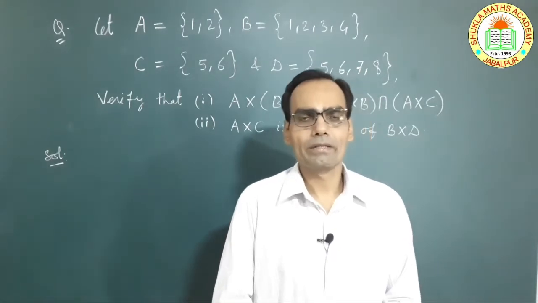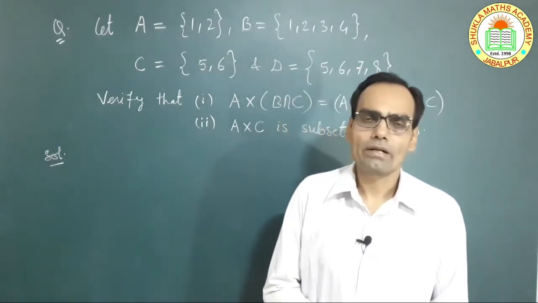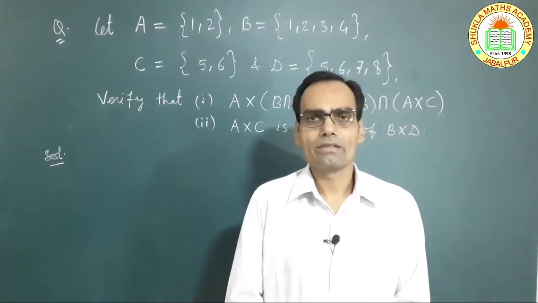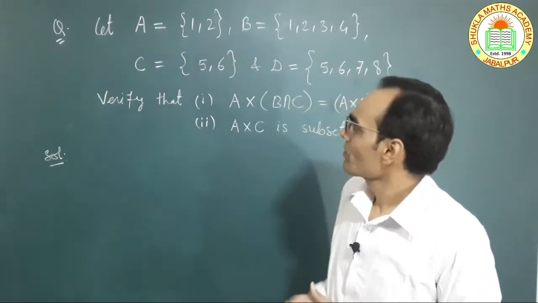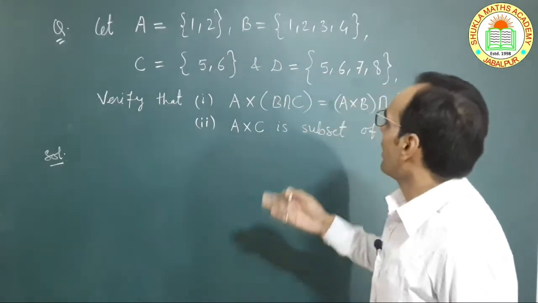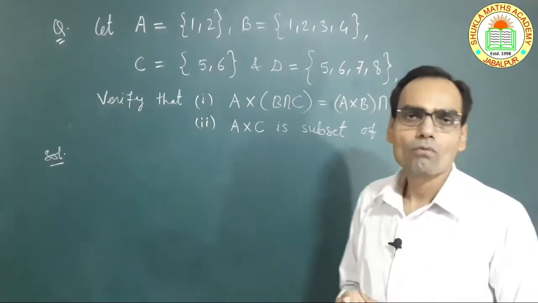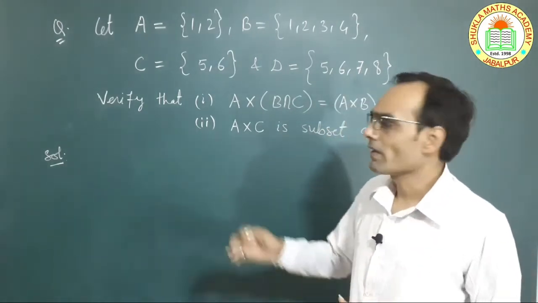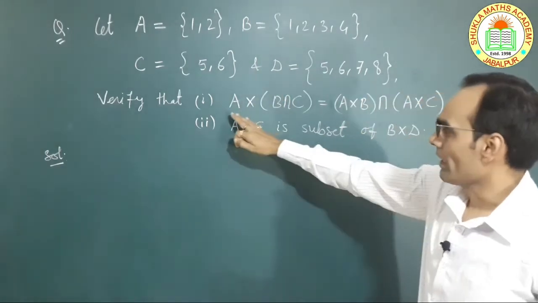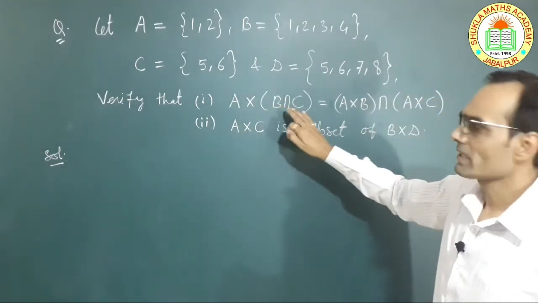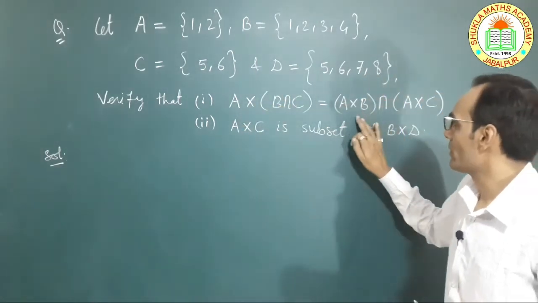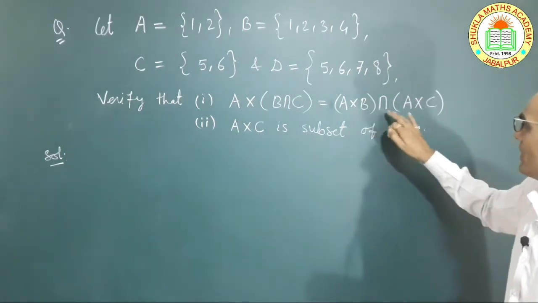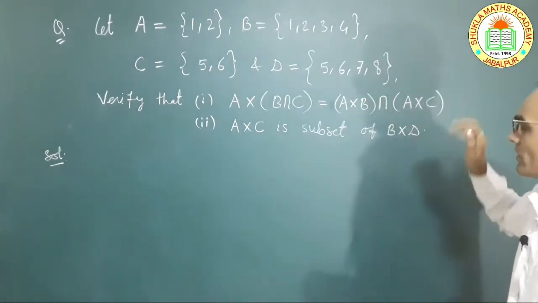Now, dear student, I am taking one more question based on the Cartesian product of sets. The question is that we have given A, B, C and D 4 non-empty sets, and we have to verify in this problem that A cross (B intersection C) must be equal to (A cross B) intersection (A cross C).